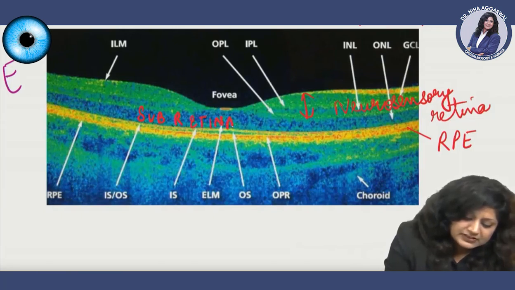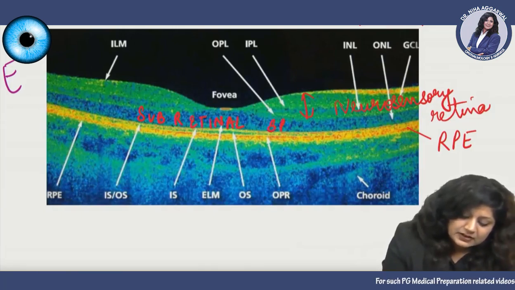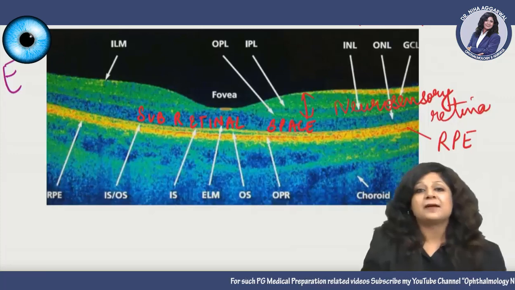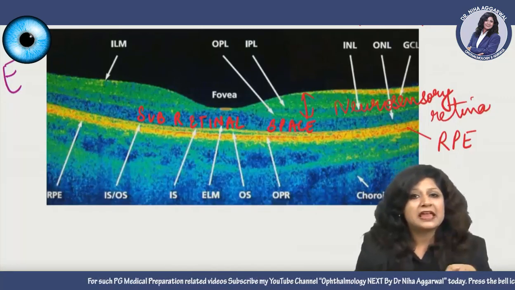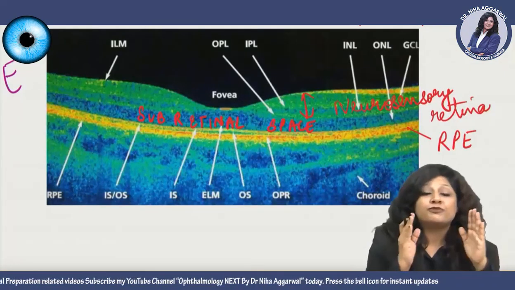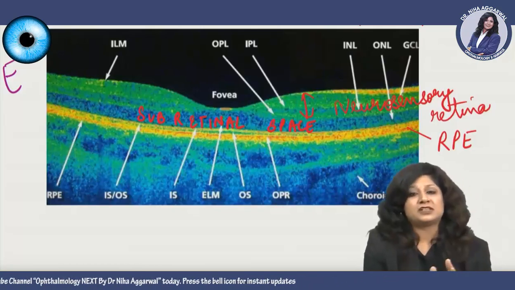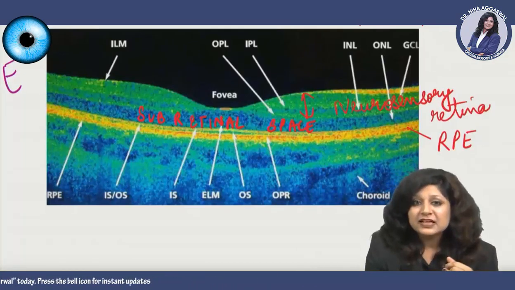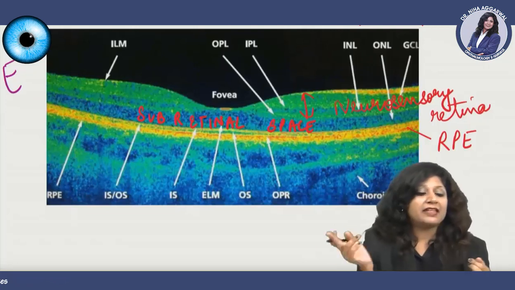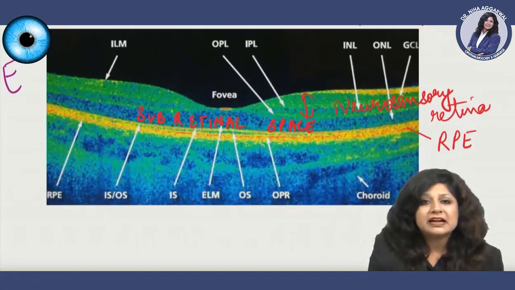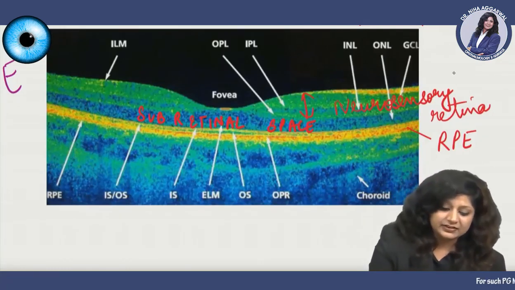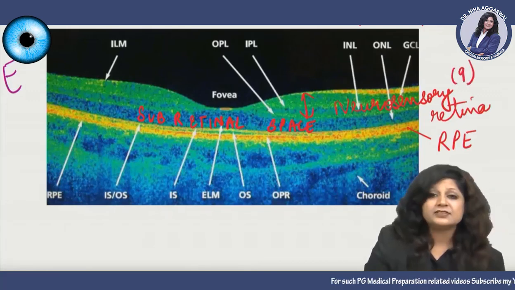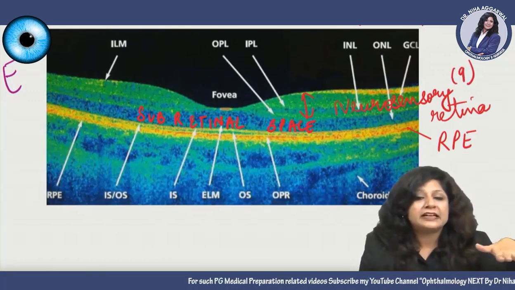As I always say, the subretinal space is lying within the layers of the retina. We have the RPE, that is the outermost layer, and then we have the neurosensory retina, that is your 9 layers, and then we have a subretinal space.